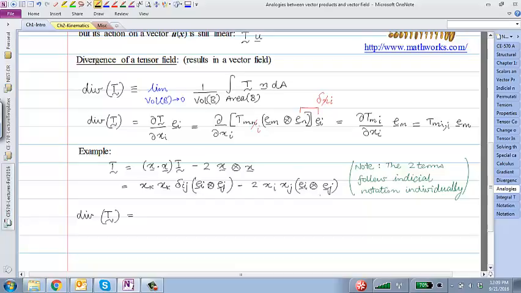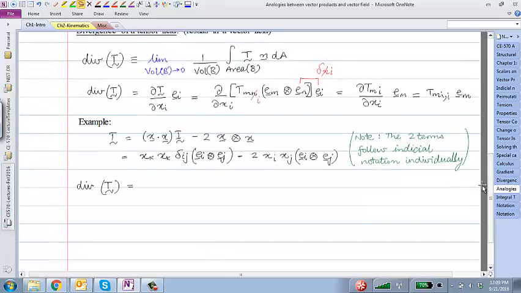Okay, so that's my definition of the tensor using components. To take the derivative here, what do I have to do? What do I have to do to take the derivative? Okay, first of all, what would be the result? In what direction would that result be?